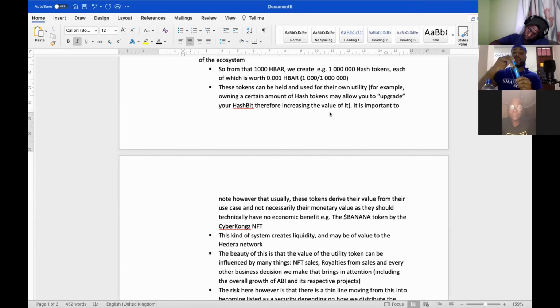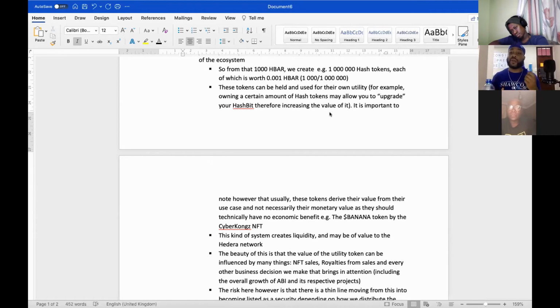Let's say the hash bit gets a cap on it. This increases the value of your hash bit. This is a way to incentivize the person who owns that hash bit to contribute to the network. You're not economically incentivizing them, because they can't trade the tokens for money, but they can use them for the other utilities we've granted them.